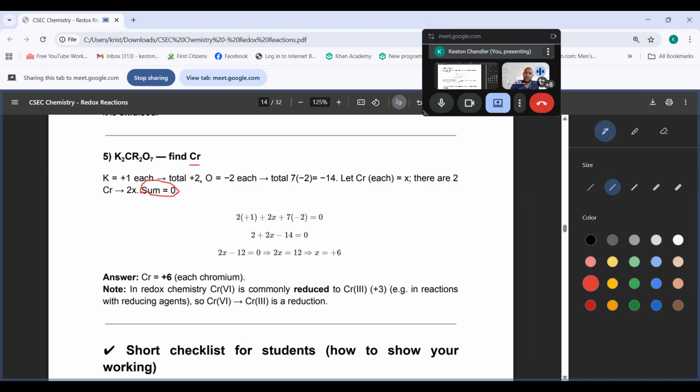Oxygen is -2, so the total of that, 7 by -2, is -14. We have 2 potassium, so 2 by 1 plus 2X plus 7 by -2. We get 2 plus 2X minus 14. That's going to give us 2X minus 12. Carry the -12 across, it becomes positive. We divide by 2. It means our chromium has an oxidation number of +6.